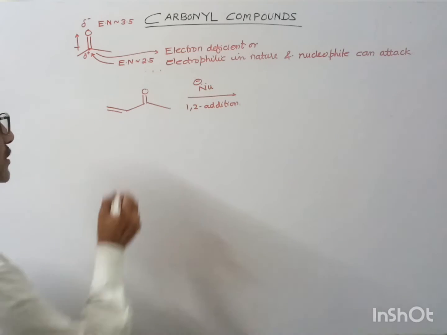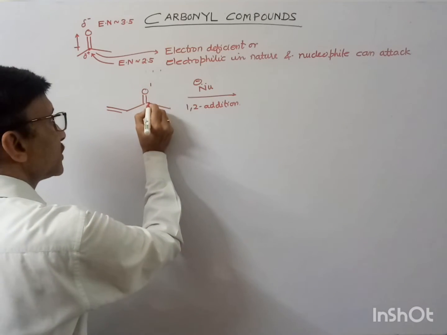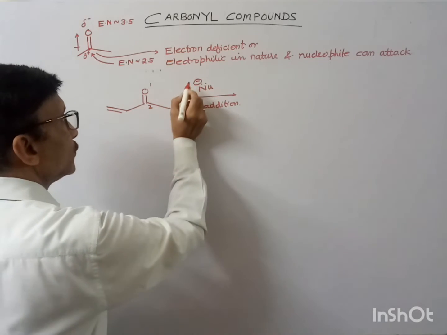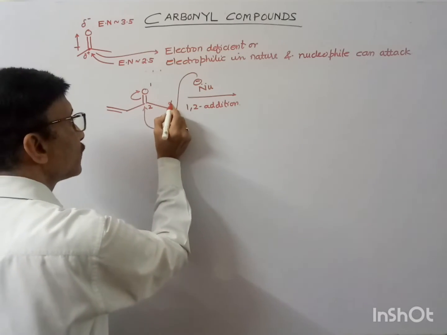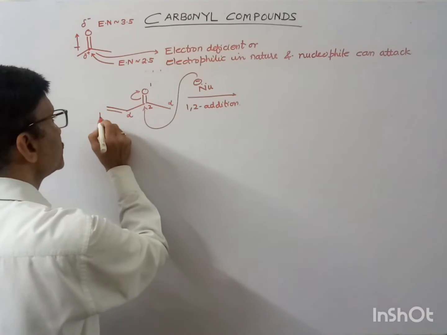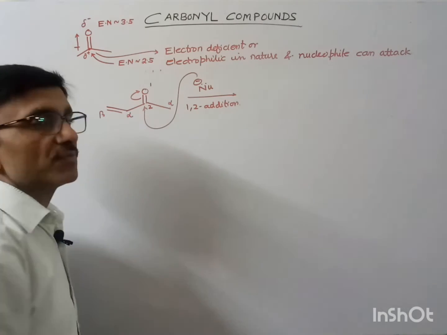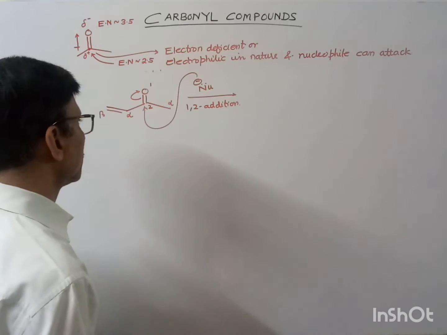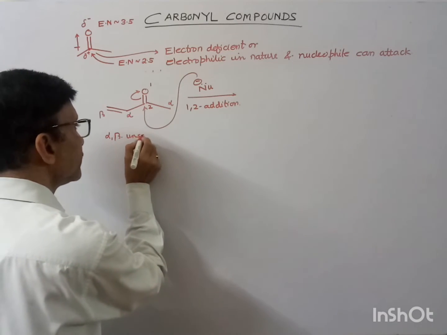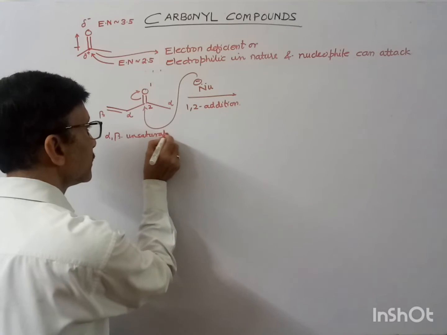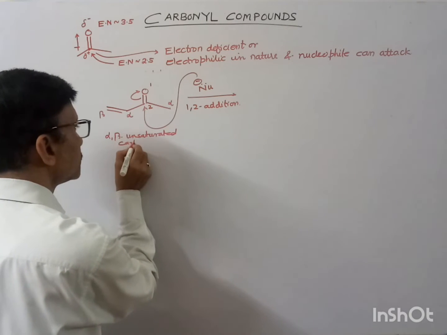If 1,2 addition takes place, this is first, this is our second one, and the nucleophile will attack over here. This is our alpha carbon, this is alpha, this is beta, so that's why it is an alpha beta unsaturated carbonyl compound.